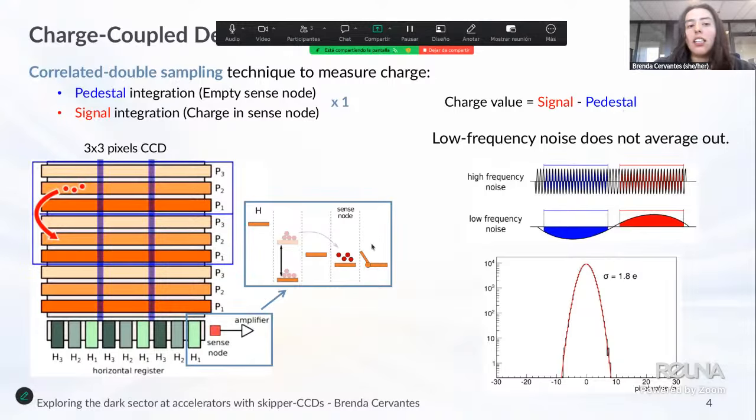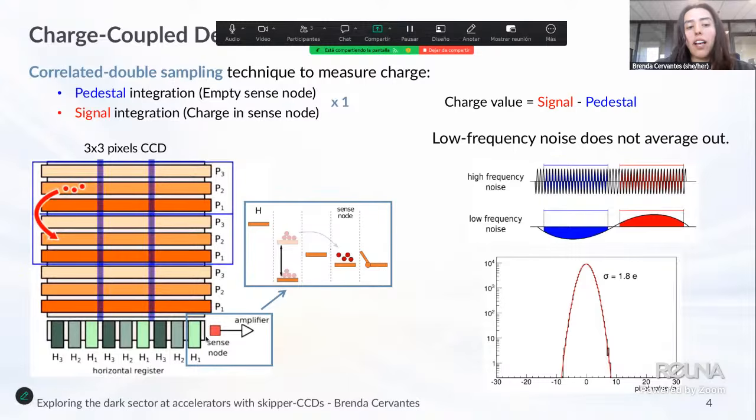These devices are very sensitive. They are considered low noise sensors, because the only readout electronic noise comes from the readout stage, and all the charge packets that are read through this readout stage share the same sense node.